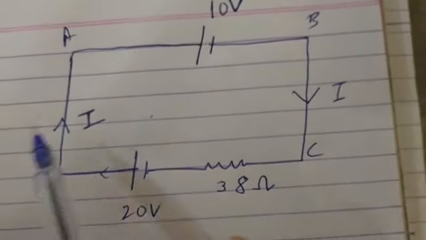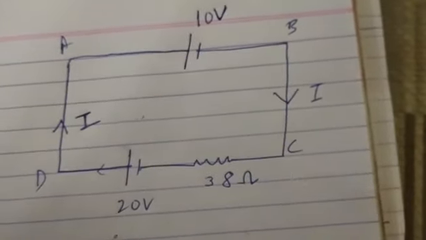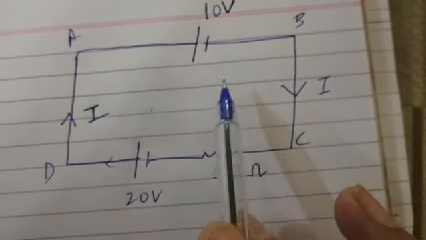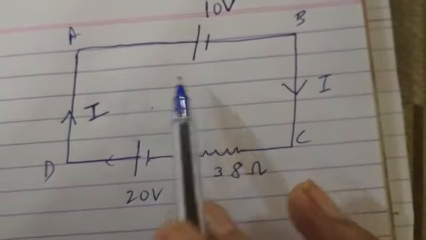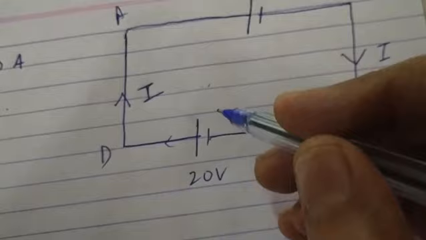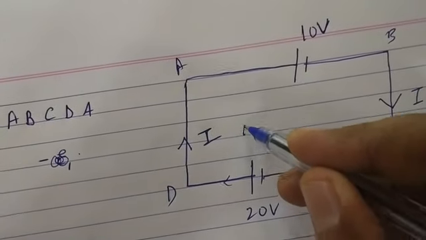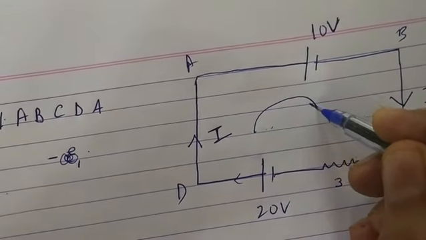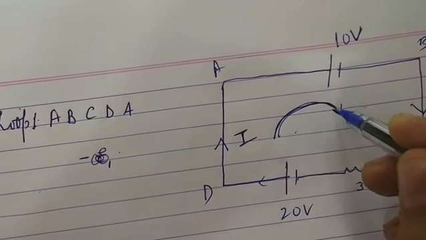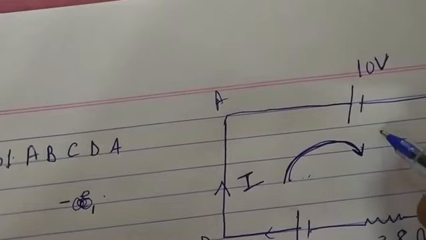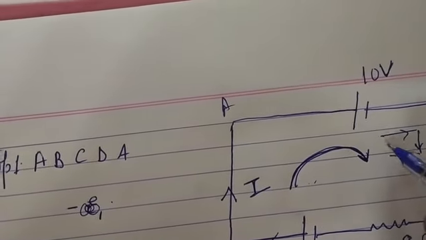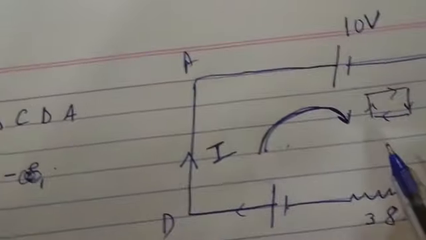Suppose this is the question and we have to find the value of the current, and the direction of current is already given. First we have to take the direction of calculation, either clockwise or anti-clockwise. Suppose I take the direction of calculation clockwise, like this.